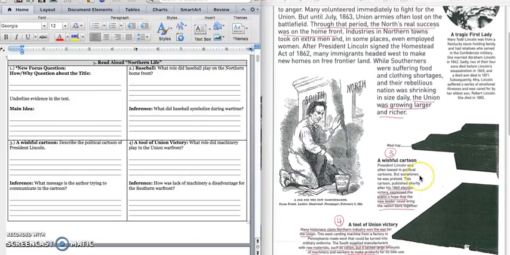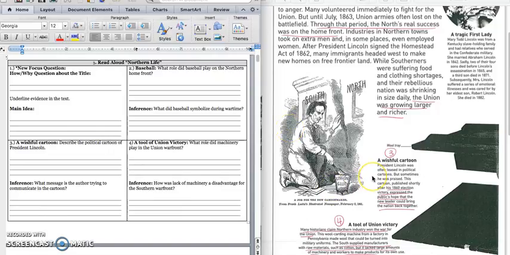For box 3, we're going to go to the middle of page 46 where it says a wishful cartoon. And we're going to look at this picture and read the caption. And if you notice, this is Abraham Lincoln in the picture, and he has some glue, and he's trying to repair this crack in the wall. And on one side of the wall, it says the North, and on the other side, it says the South.